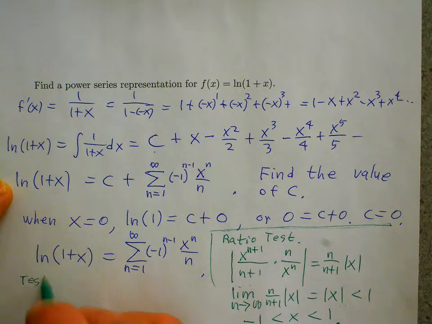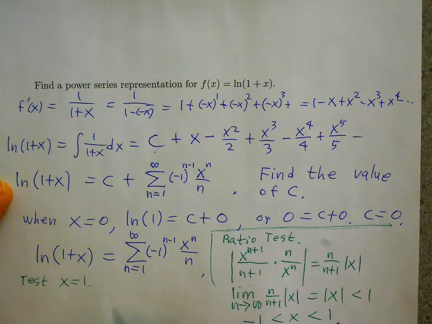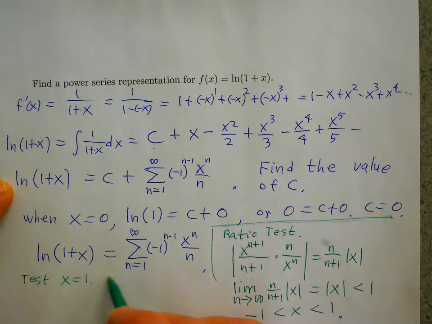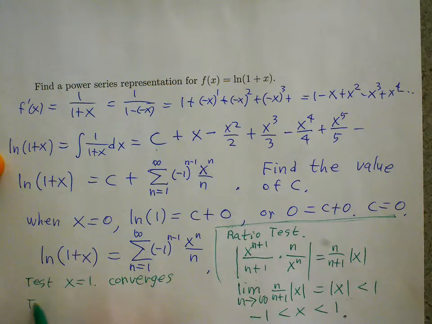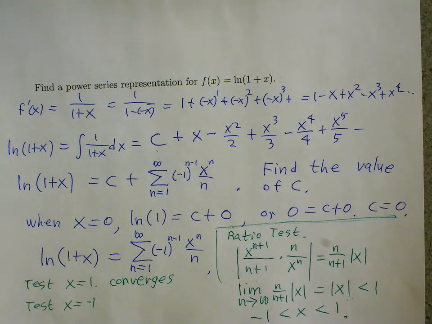So when we test x equals 1, we get convergence because the alternating harmonic series converges. When we test the other endpoint, x equals negative 1, notice what happens.